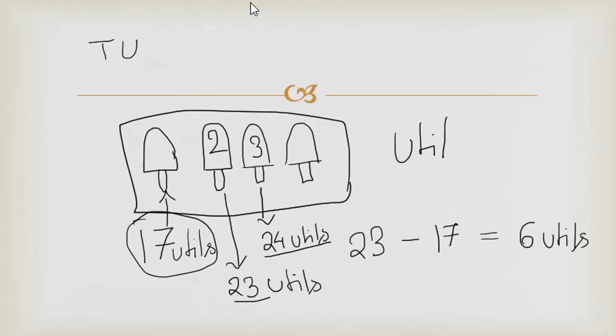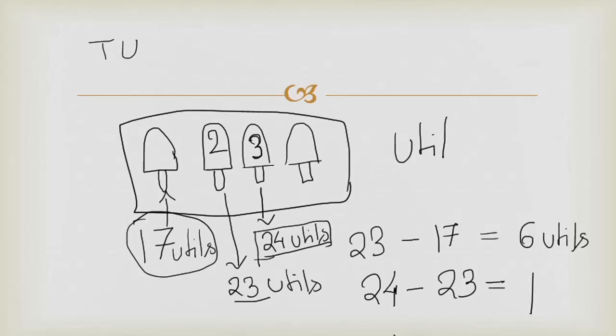That means inside this 24 utils, all the 17 utils, the 6 utils and an additional 1 util are included. To get the contribution of the third unit, we deduct 23 from 24, and the contribution of the third unit of ice cream is only 1 util.